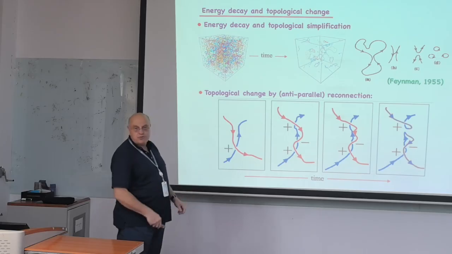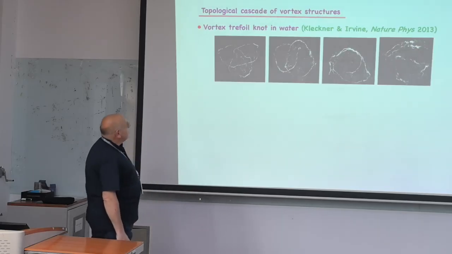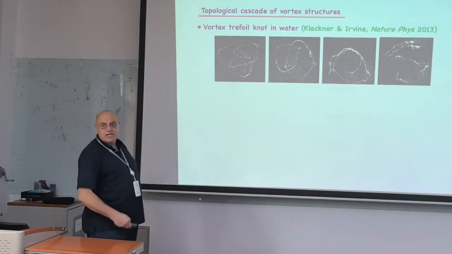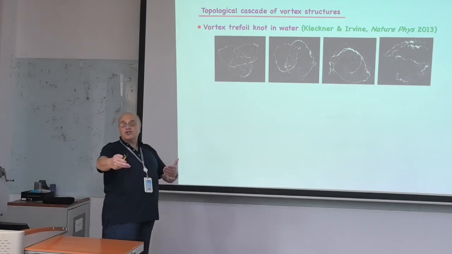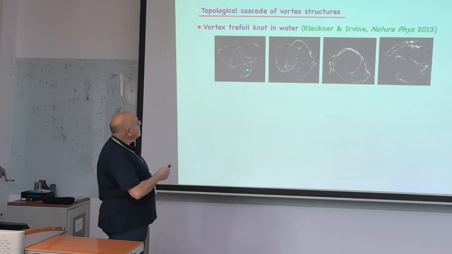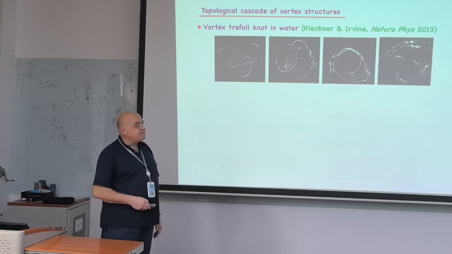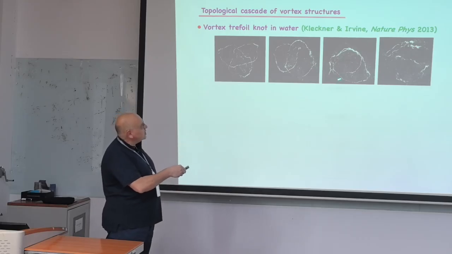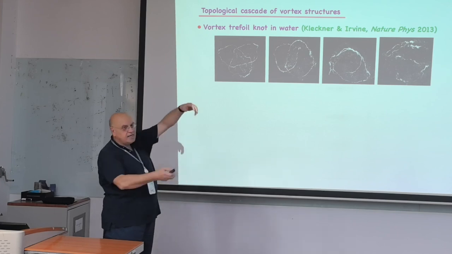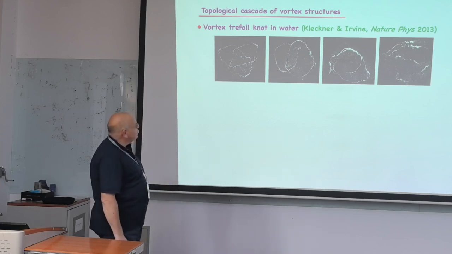So topology is broken in this fashion. Because of reconnection in real fluids, the evolution does not conserve topology, so you have a production of a trefoil knot, and then this trefoil knot reconnects to form a link, then a long convoluted loop, and then even two separate loops.